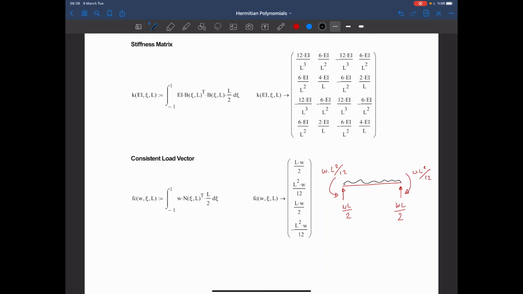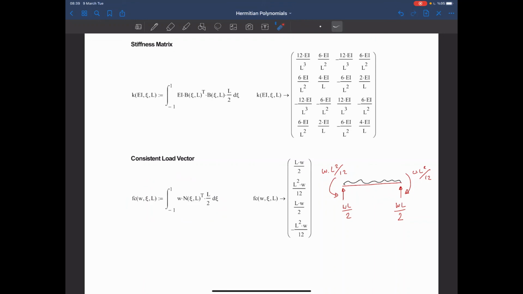So with the variational formulation, we already get the equations of the stiffness matrix, the response of your structure to deformations, and the energy equivalent consistent load vector. We call it consistent because this equation comes from the energy expression. We equate the internal energy to the external energy, and this is the energy equivalent load vector.